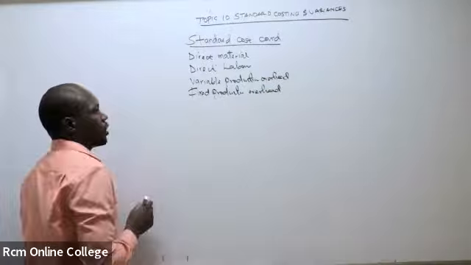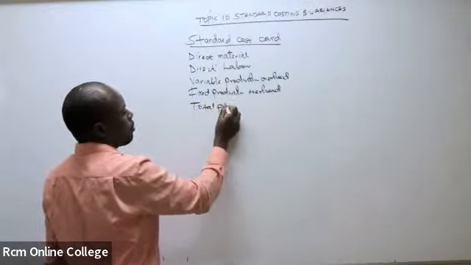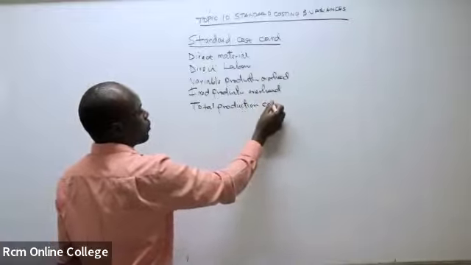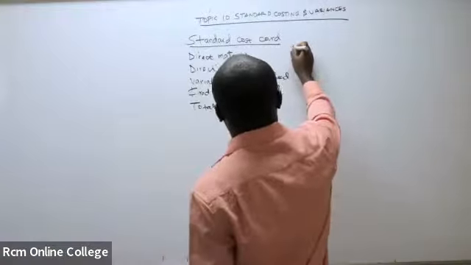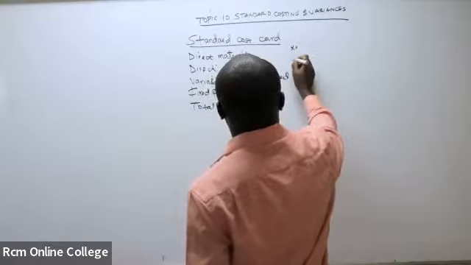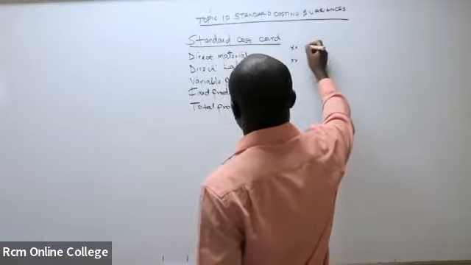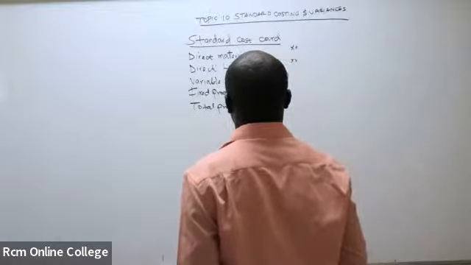Then of course we'll be talking about total production cost, total production cost. So direct material plus direct labor, these two will give us what we call direct or prime cost. This will give us what we call prime cost.